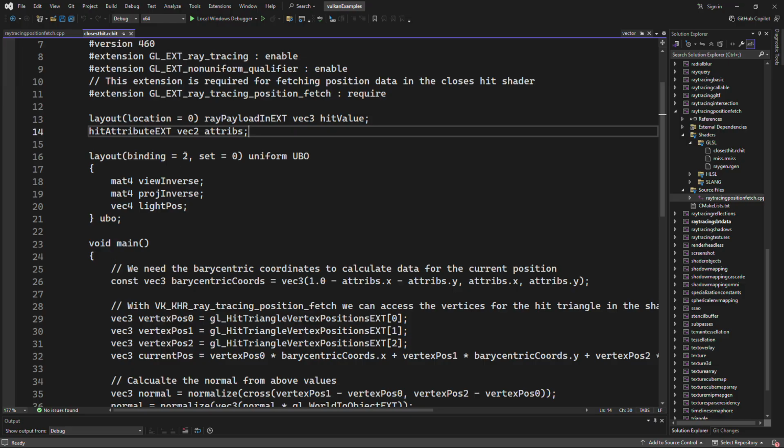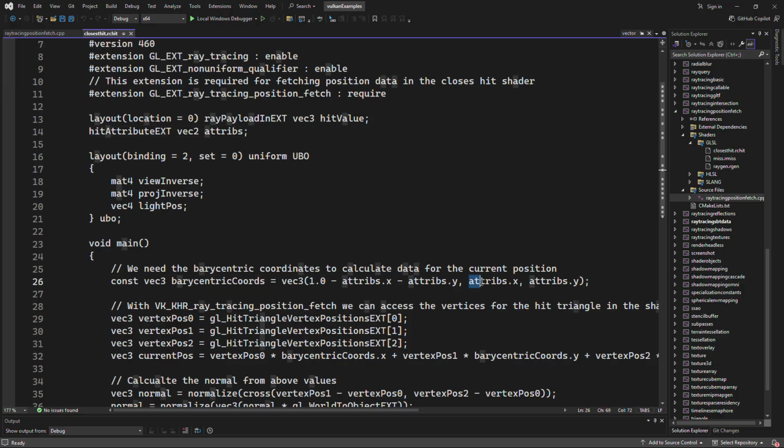So notice that we have attributes.x and attributes.y. Now notice that in our example, we had x weight, y weight, and z weight. But this variable is vec2. And the reason it's vec2 is, again, relying on one of our rules: all three weights have to add up to 1.